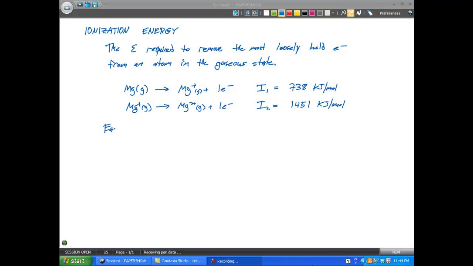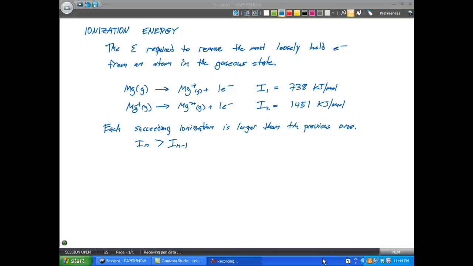Another thing to say is that each succeeding ionization is larger than the previous one. So In is going to be greater than In minus 1. And you can see here that when we remove one electron, it takes 738 kilojoules per mole.